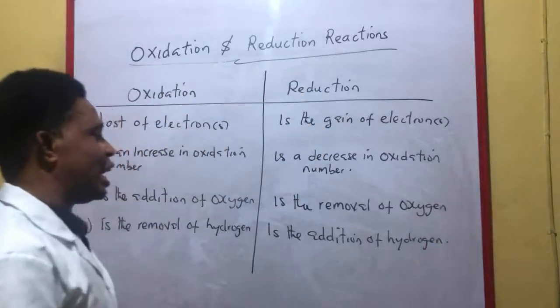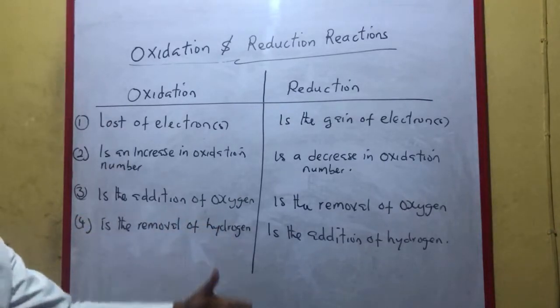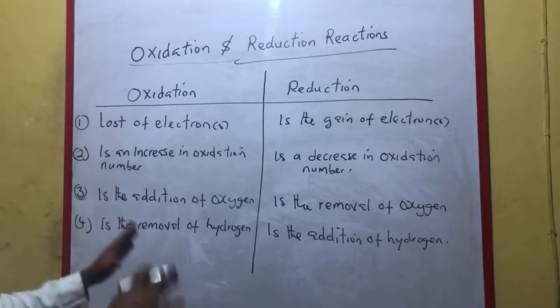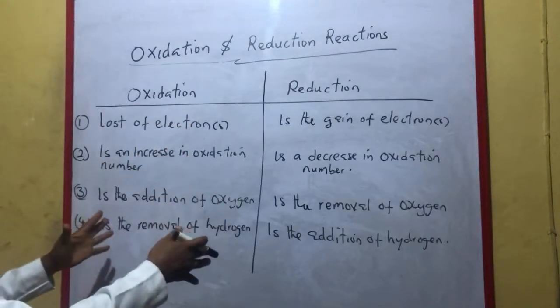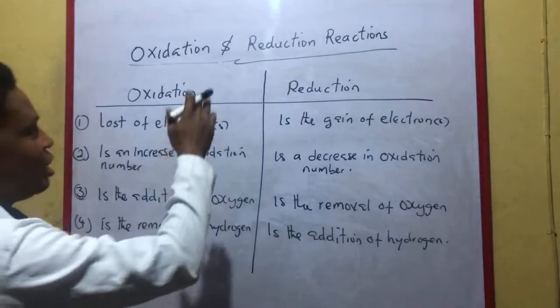So when hydrogen is added to a substance or a compound, that process is reduction. So this table will differentiate between oxidation and reduction.